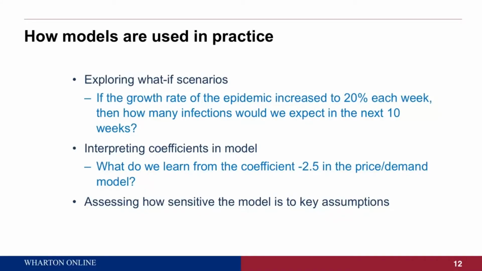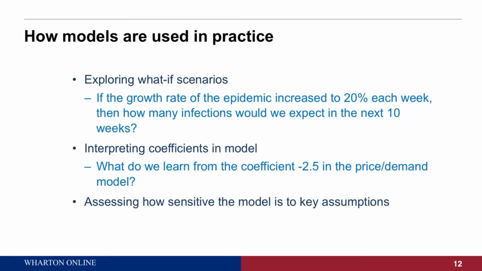Here are some more things that we can use our quantitative models for. What-if scenarios, scenario planning. We will often like to understand what might happen to the world if certain things change. And so going back to the epidemic, we might want to ask ourselves the question, well, what if the growth rate changed and increased to 20% per week?